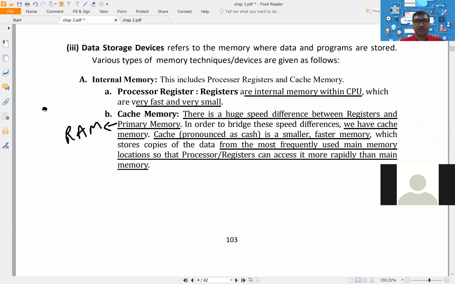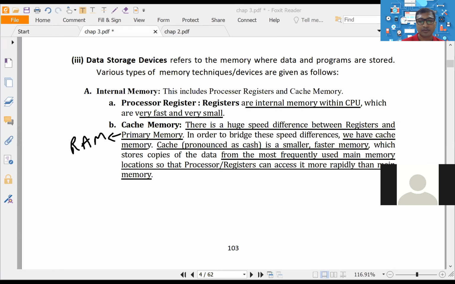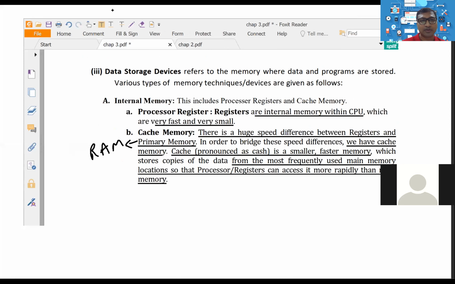Try to look at the diagram. We have done a motherboard diagram. In the motherboard, we drew three different parts. One was CPU, then RAM, and then third was hard disk. Remember? Try to remember the motherboard diagram.